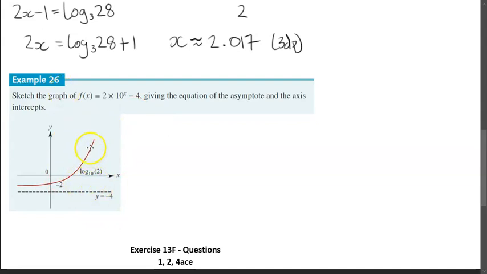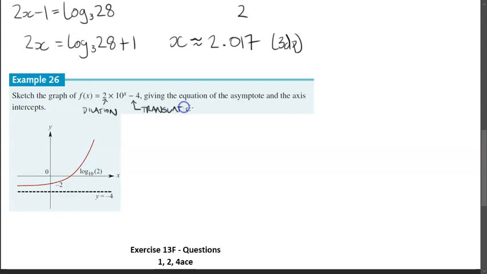First of all, there are a few things we need to highlight. The 2 hanging out the front is our dilation, so this dilates the 10 to the power of x. Obviously, 10 is our normal base. The minus 4 is a translation.